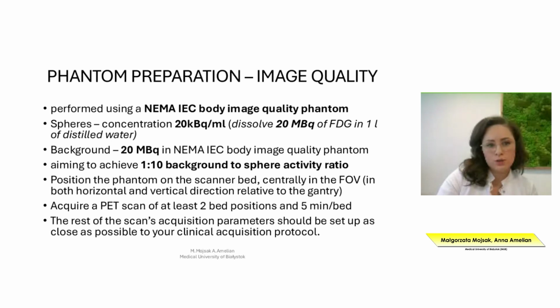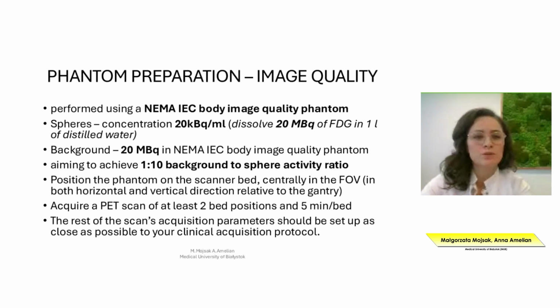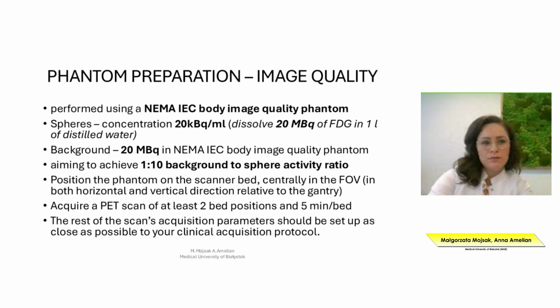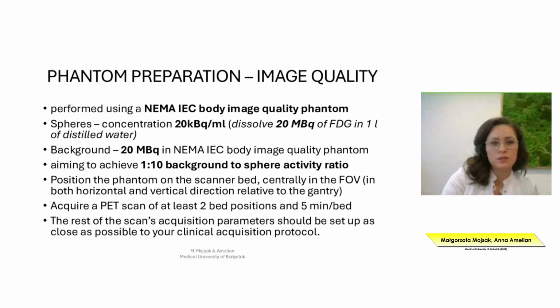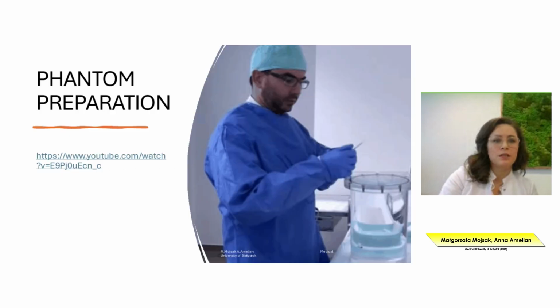And then we position the phantom on the scanner bed. But of course, we need to make sure that there are 20 megabecquerels in the NEMA body image quality phantom. Then we place it centrally, horizontally in the central part. So there are 2 beds, and we scan it for 5 minutes, so it should resemble the routine clinical examination.